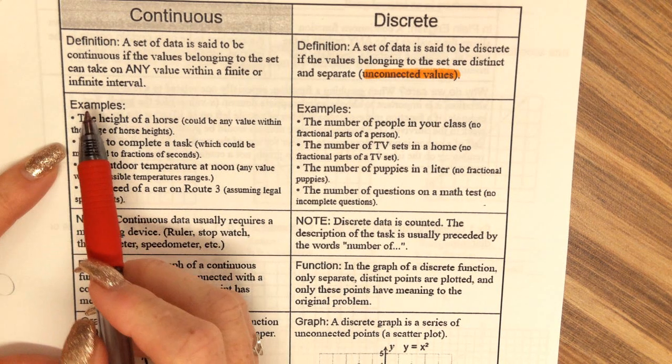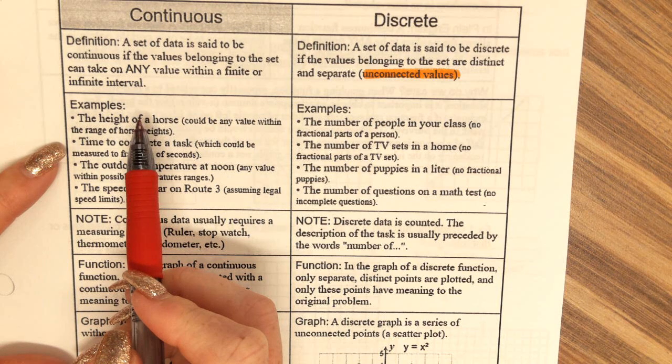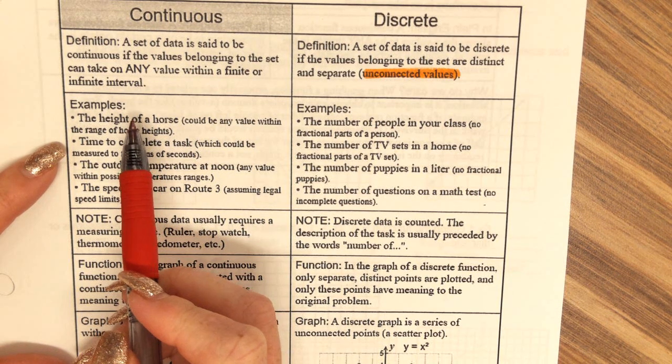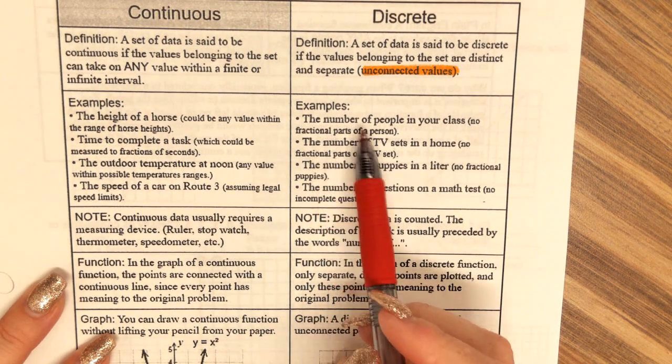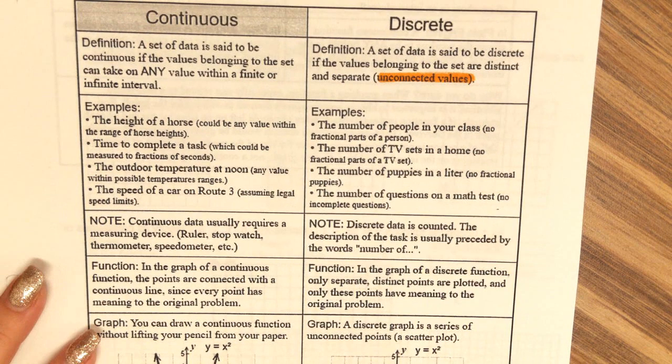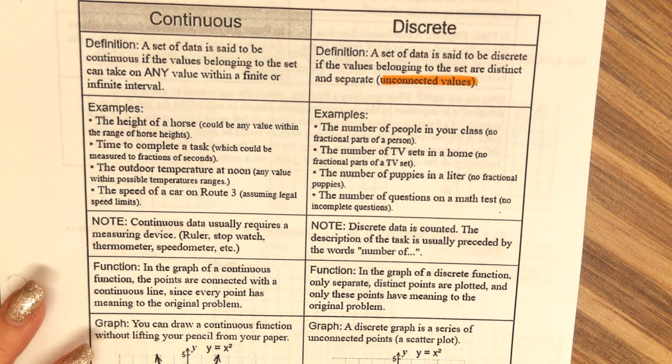Continuous: the height of a horse. Why would it be continuous? Can they be a decimal? Yes. So I would have to continue to connect that as the horse grows. Discrete: the number of people in my class. Would I connect that, or would I have exactly 1, exactly 2? I wouldn't connect those.